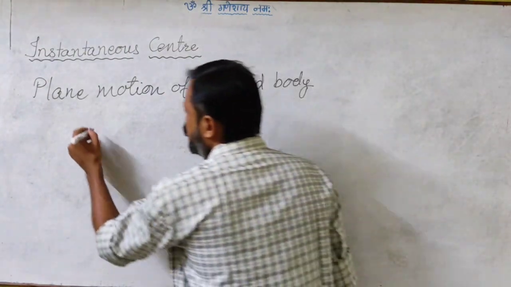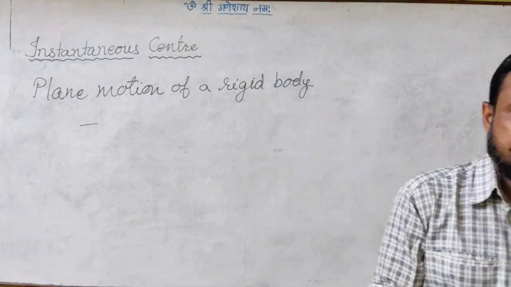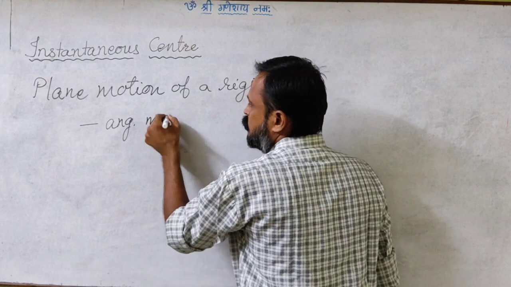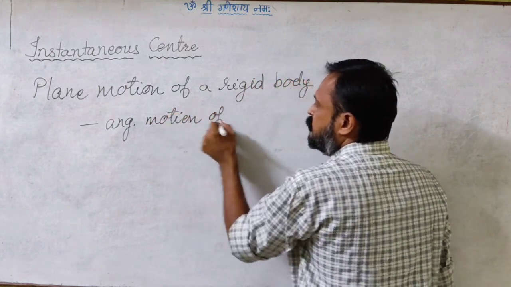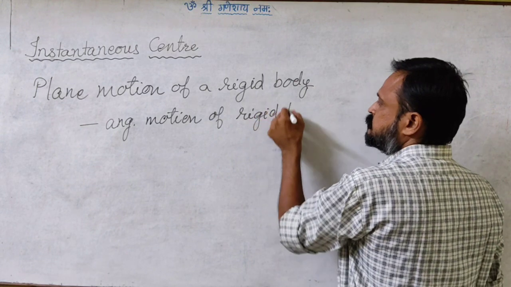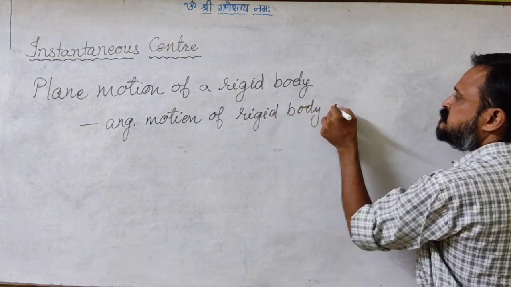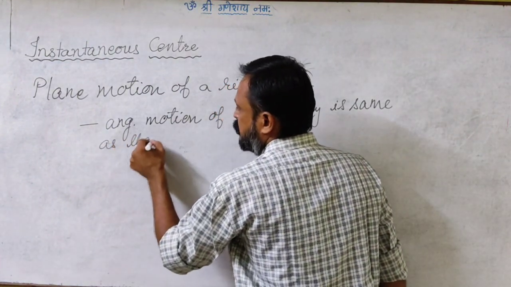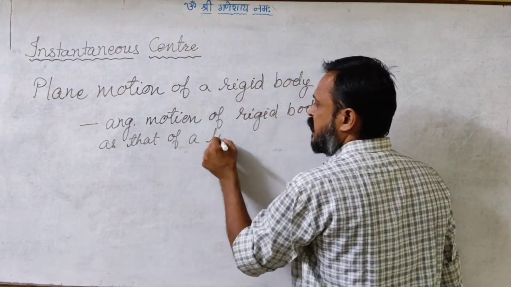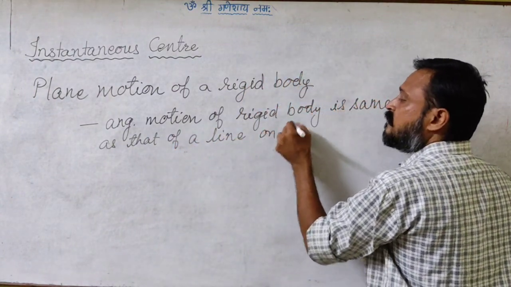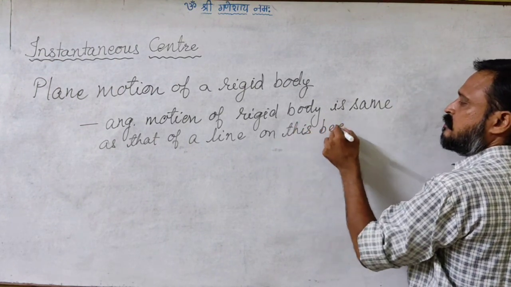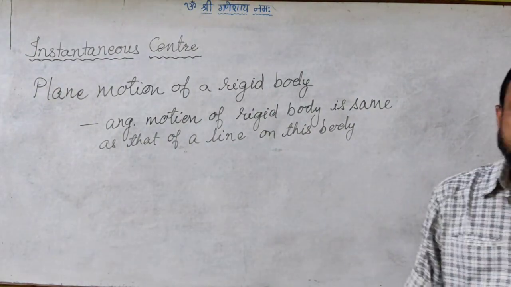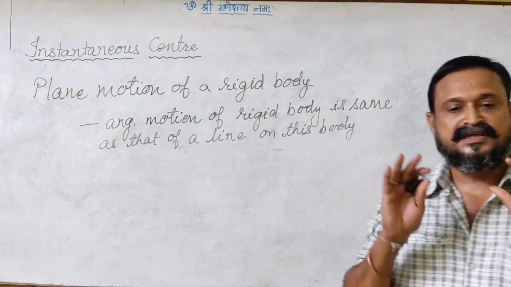In plane motion, when a body is in plane motion, the angular motion of the rigid body is the same as that of a line on this body, and this line is on the rigid body and on the same plane.